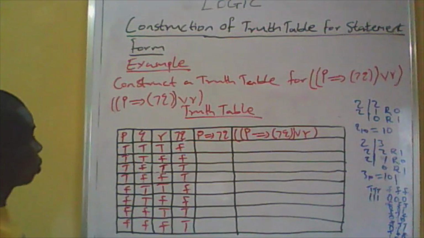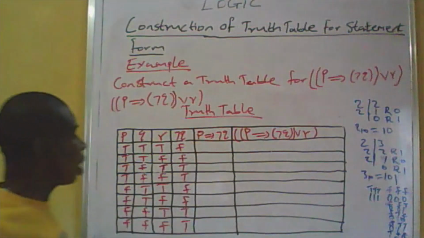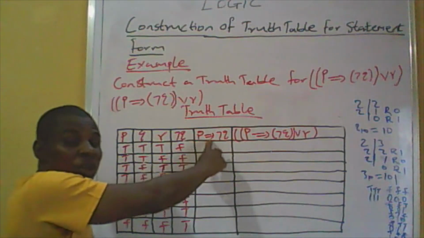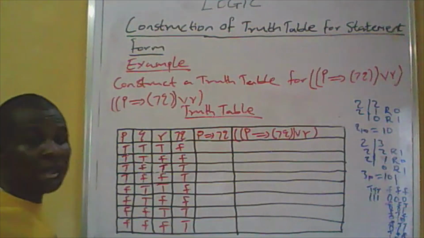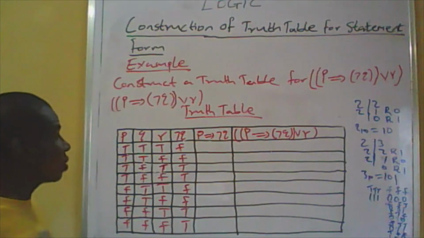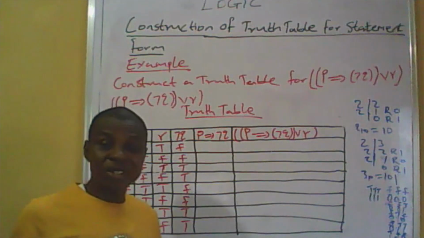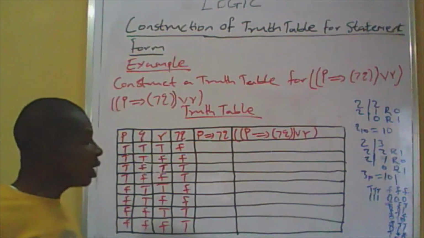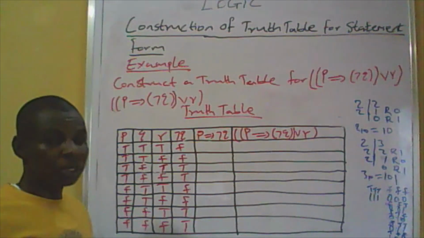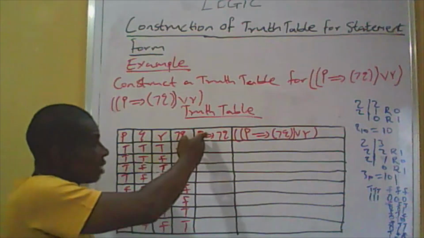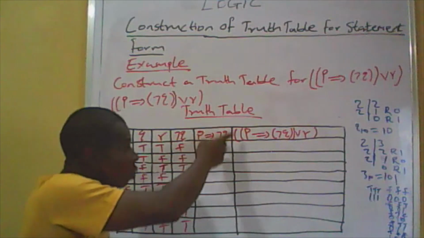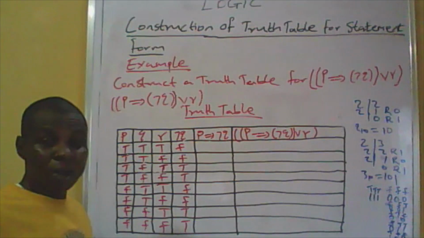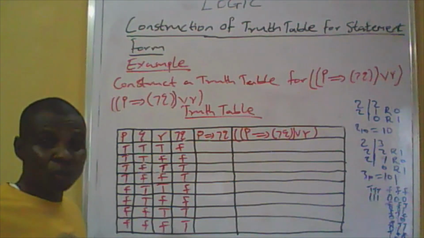Now we go to this compound statement that is being combined by the implies connective. And we know that our semantics says that it can only be F when P is T, that is, the antecedent is T, while the consequent is F. Here we have only two variations for that to be 0.